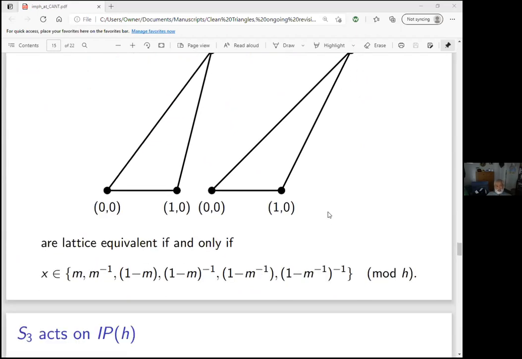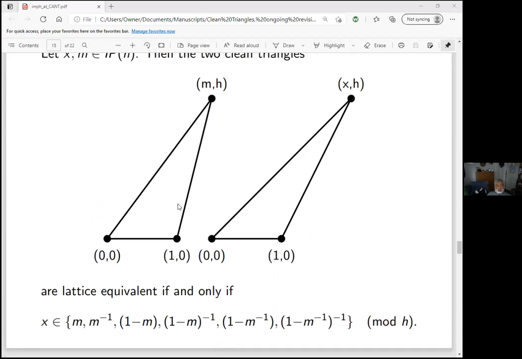And when you do a little bit of work, you just check various unimodular maps, various possibilities. You get that these two lattice triangles are equivalent if and only if this x coordinate belongs to this set.